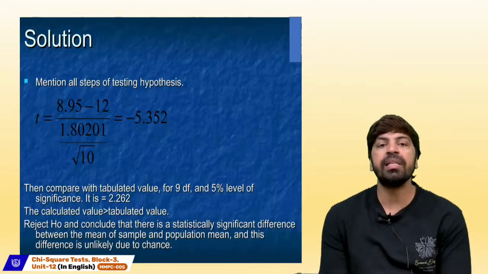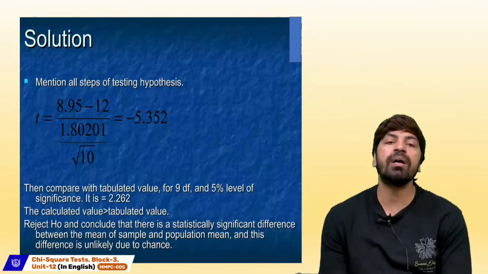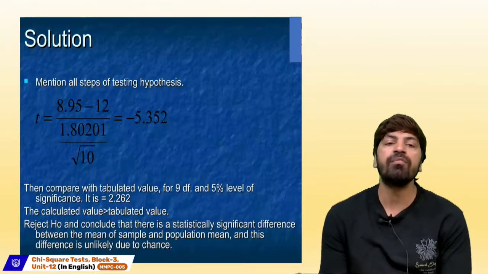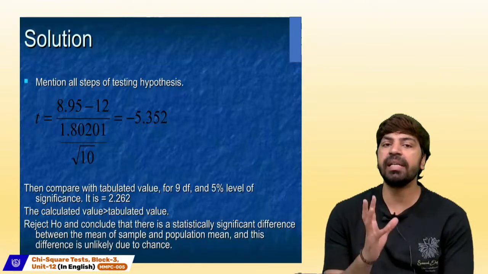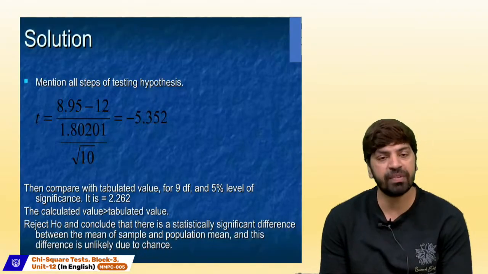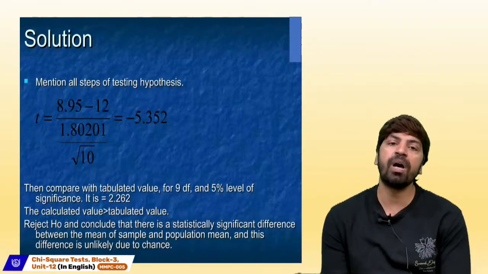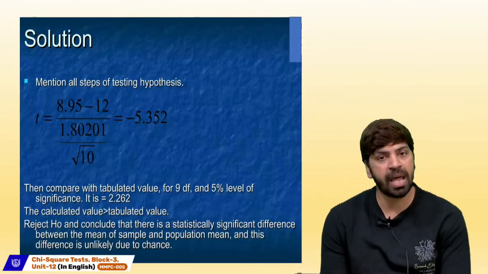Then the next step is to compare the t value with the tabulated value for 9 degrees of freedom. That means there are 10 observations, so n is 10 minus 1, which is equal to 9.